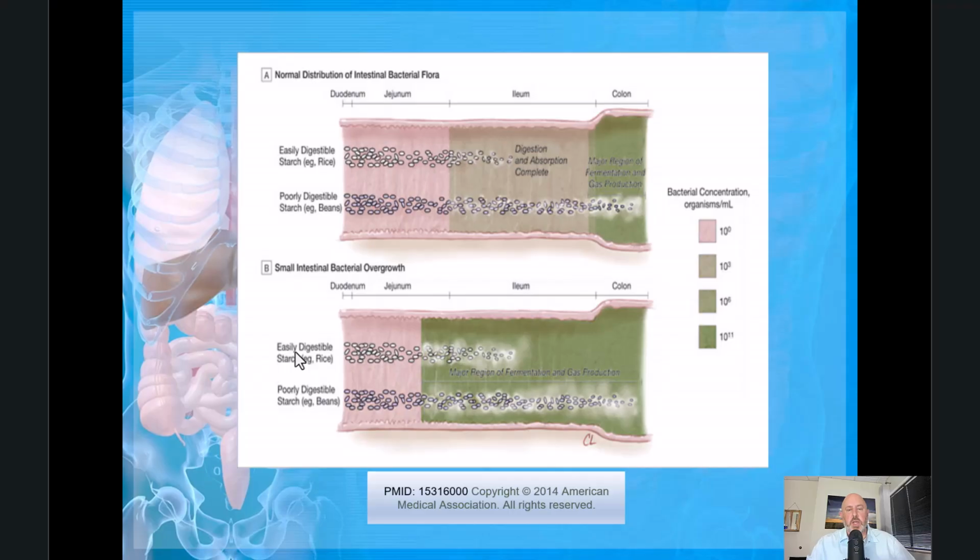But in the lower slide, you can see if there's overgrowth of bacteria, there's going to be excess fermentation of those foods in the upper intestine, creating gas, maldigestion, malabsorption, and generally an uncomfortable sensation in the upper intestine due to this hyperfermentation scenario. So this is kind of a ground view of what might be taking place in SIBO.